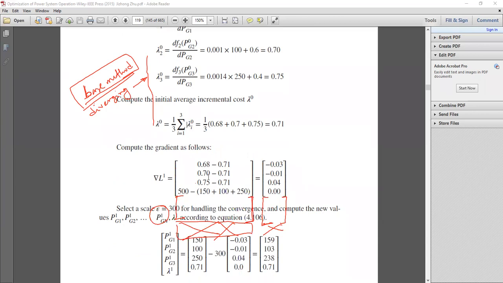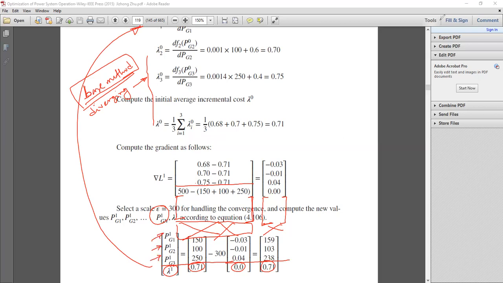Because there are only 3 entries now, you can only update up to PG3, right? What about lambda? Lambda would be updated. You have to go back here. Now you know updated PG1, PG2, and PG3.